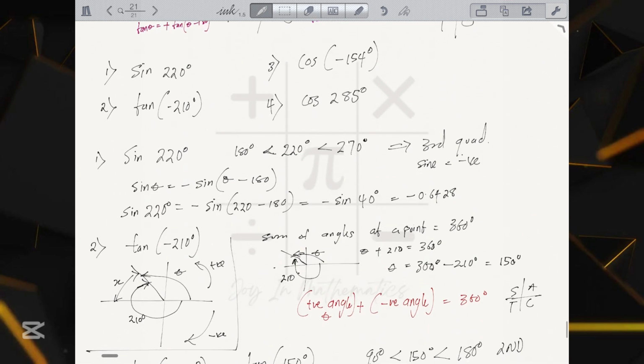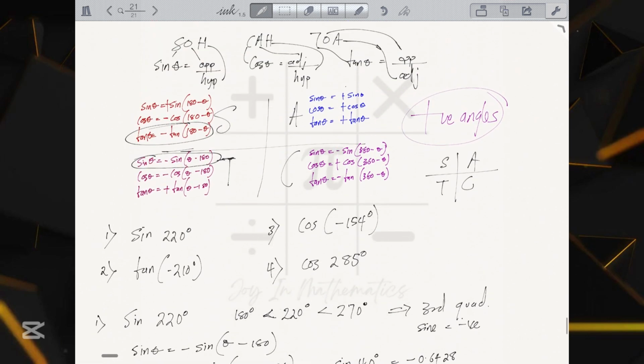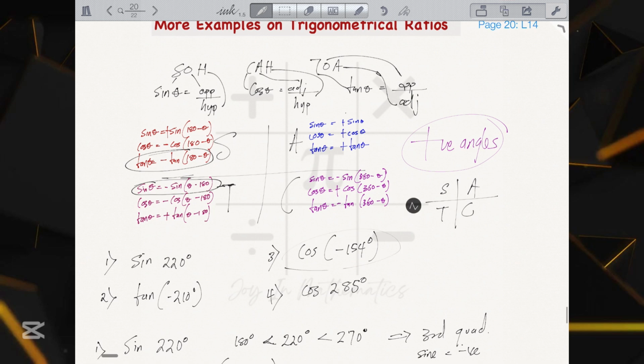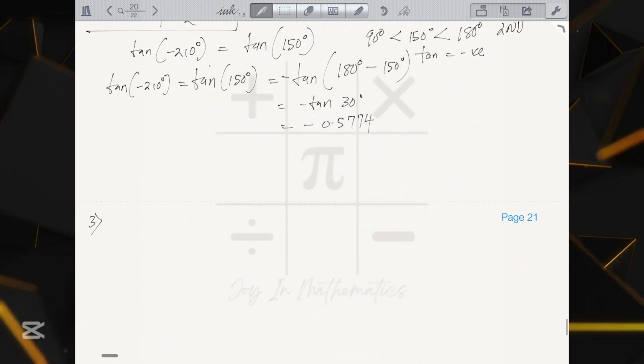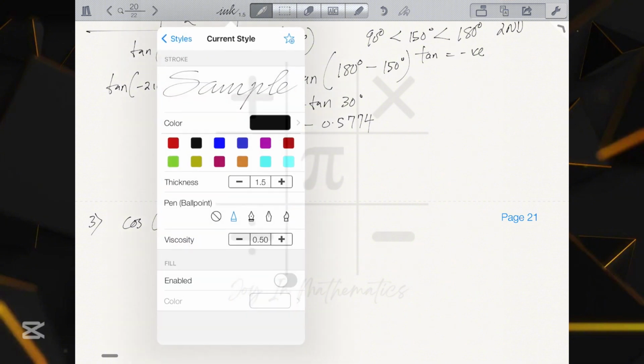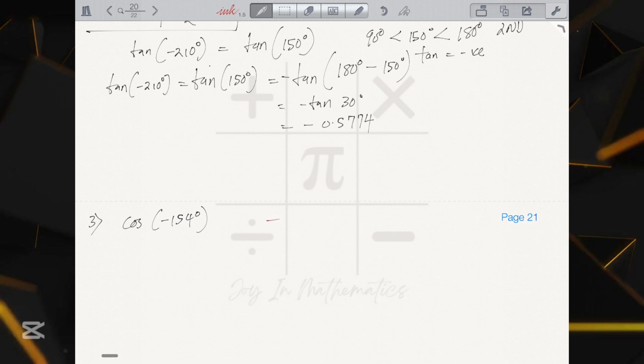Question number 3 says we should evaluate the cosine of minus 154 degrees. Now we have a negative angle there, and we remember the formula that the positive angle plus the negative angle is equal to 360 degrees.